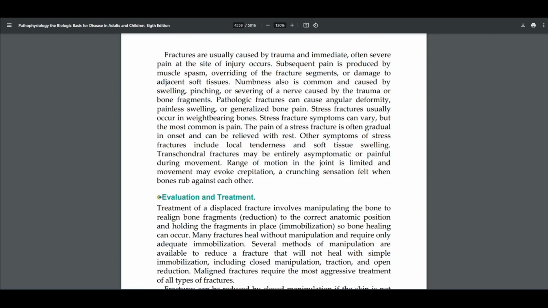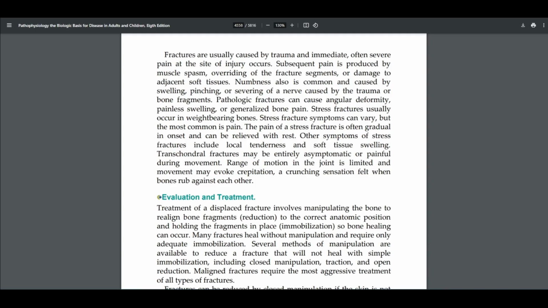Subsequent pain is produced by muscle spasm, overriding of the fracture segments, or damage to adjacent soft tissue. Numbness also is common and caused by swelling, pinching, or severing of a nerve caused by the trauma or bone fragments. Pathologic fractures can cause angular deformity, painless swelling, or generalized bone pain.